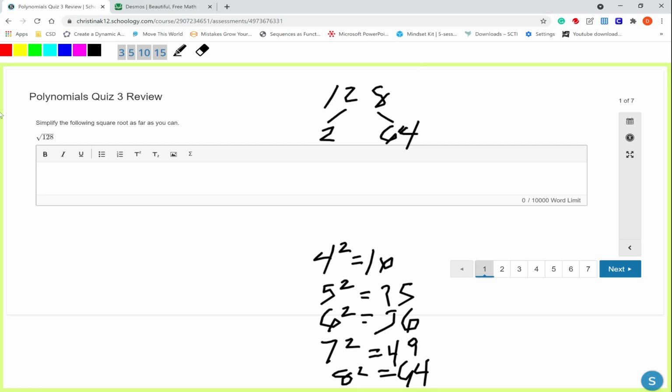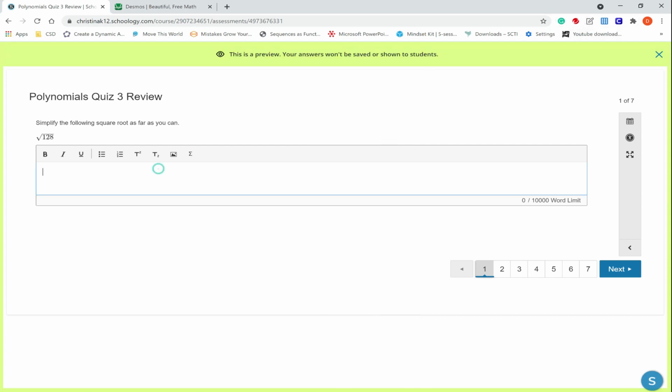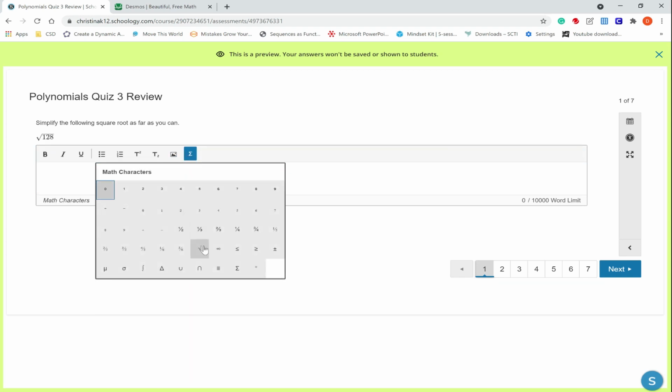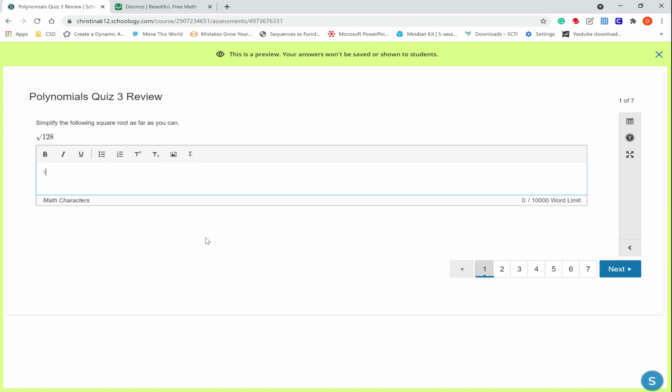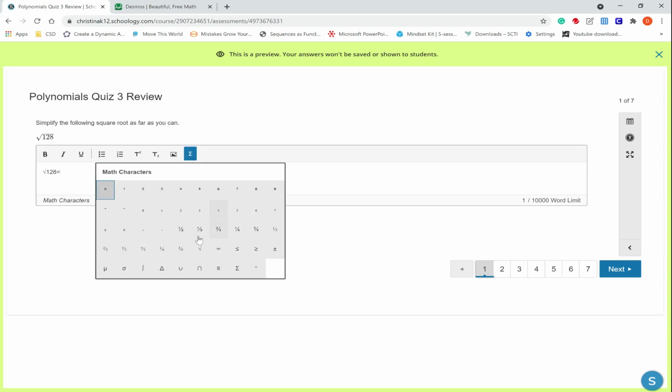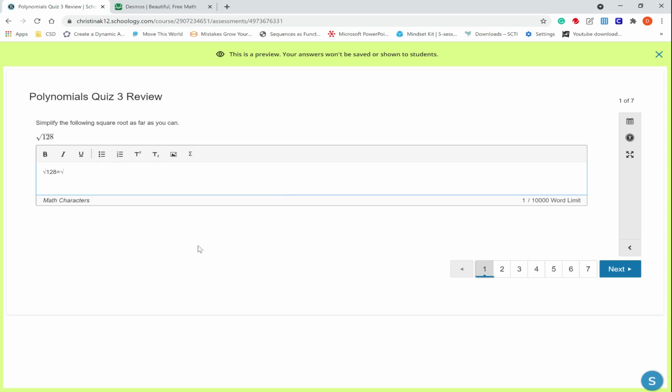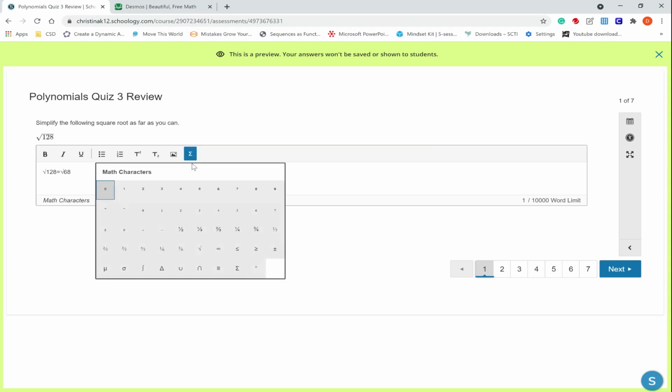So let's start writing our work into the window. We can write square root 128 equals square root 64 times square root 2.